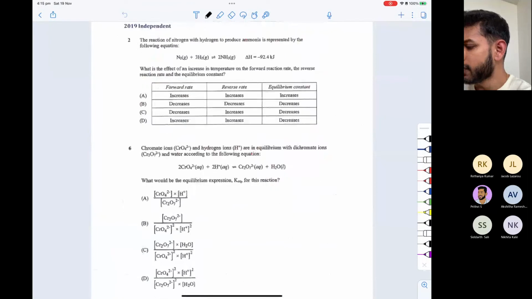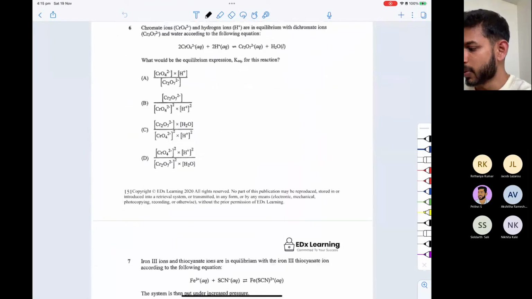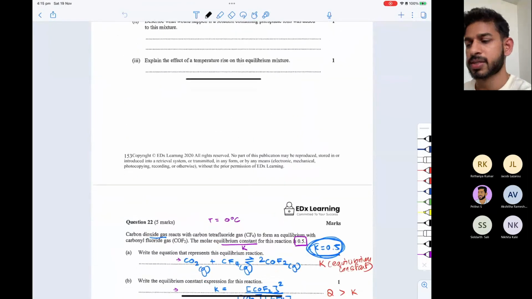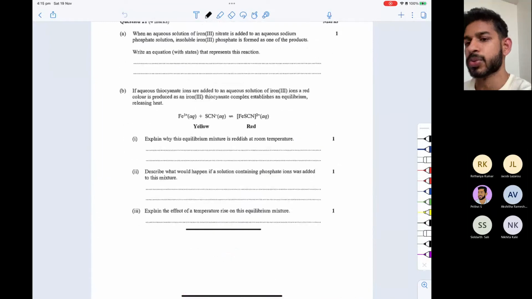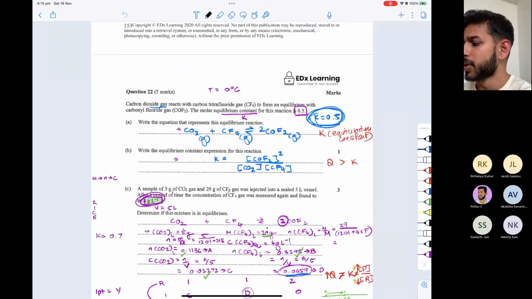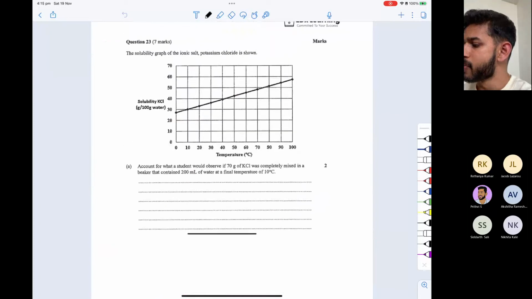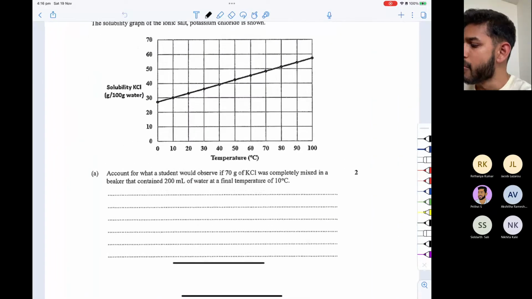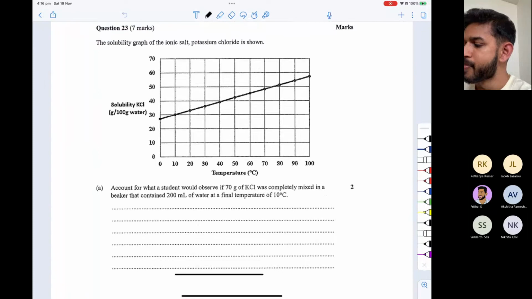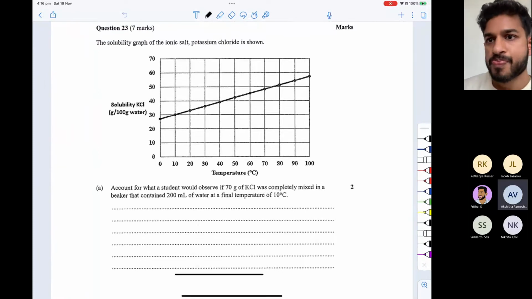We've done quite a lot of K questions and quite a lot of Q questions. Just quickly remind us, what are K and Q referring to, and when do we use them? K is the equilibrium constant.